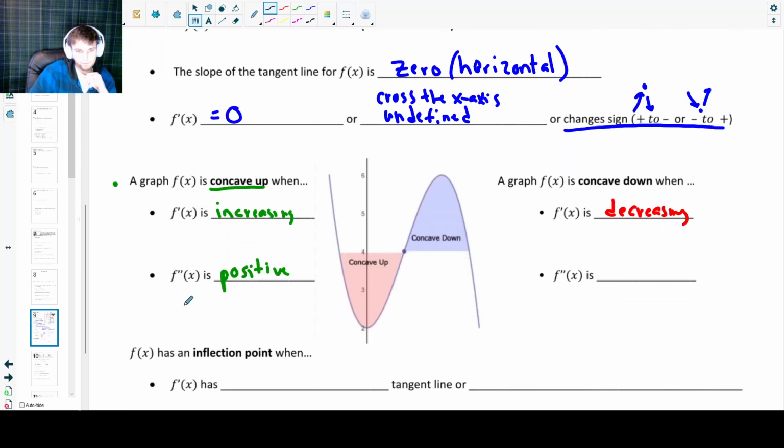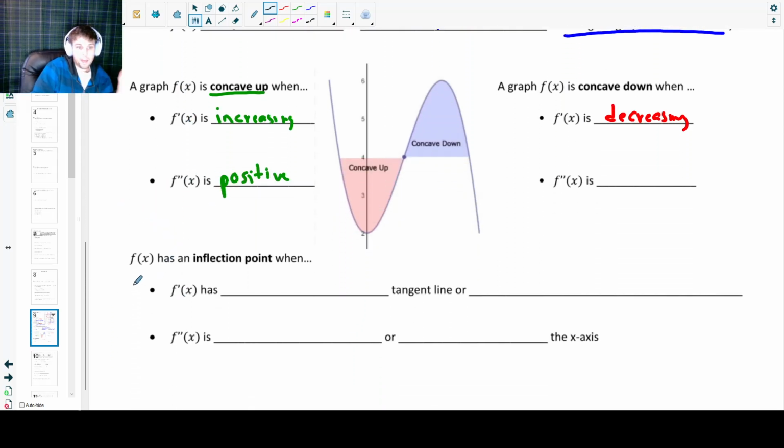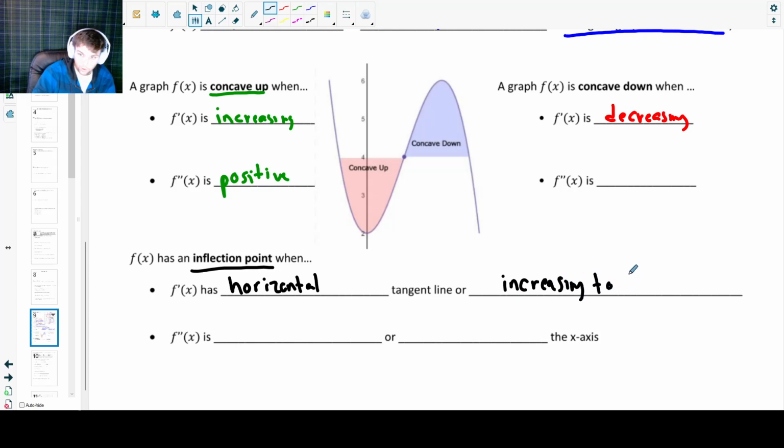All right. So f of x has an inflection point when f prime of x has a horizontal tangent line, or changes from increasing to decreasing, or vice versa, right?